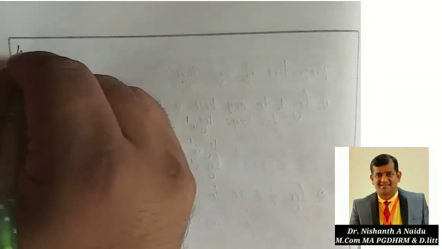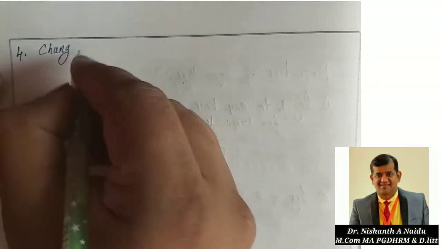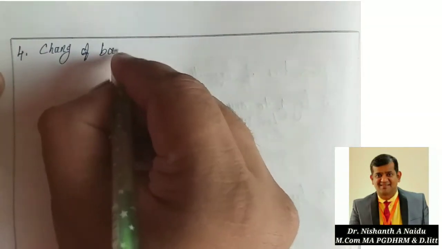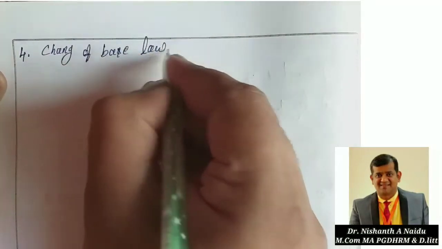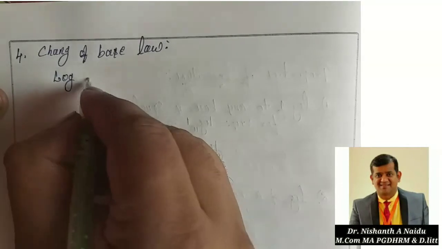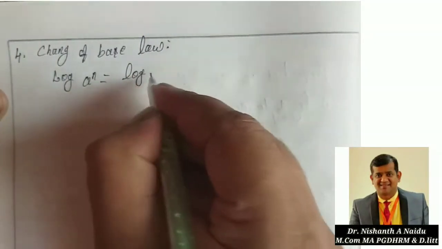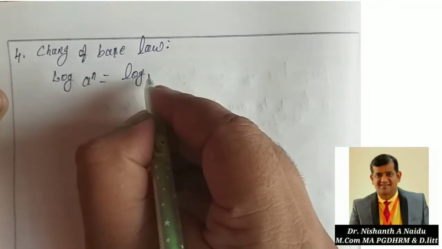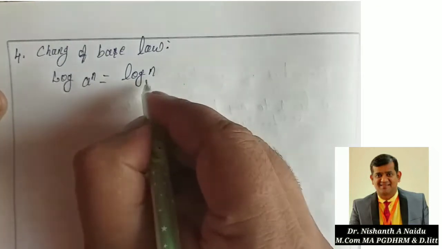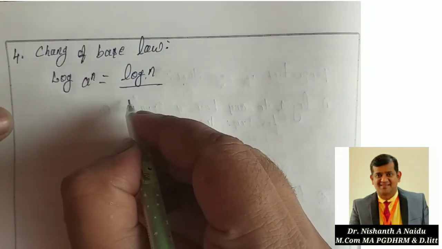Next I am going to the fourth law, which we call the change of base law. Log a to the power n equals log n divided by log a.